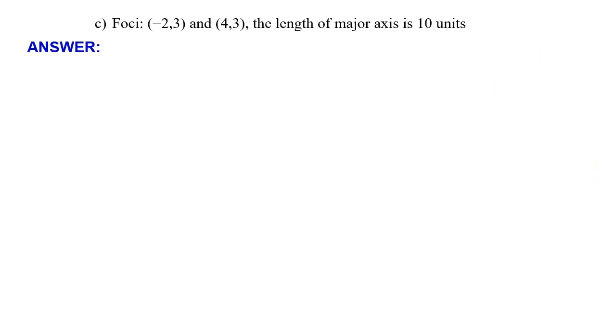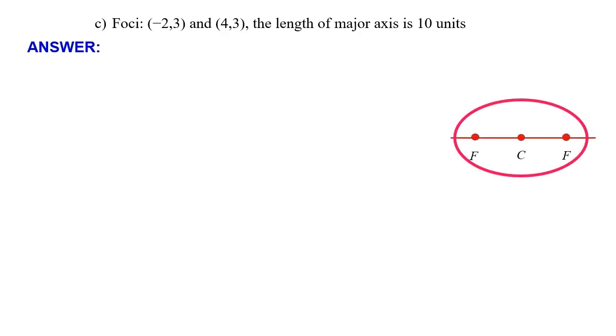Next, for question C, given the coordinates of two foci and the length of the major axis is 10, find the equation. From the foci given, we notice that the change here is at x, so our ellipse will have a horizontal major axis.